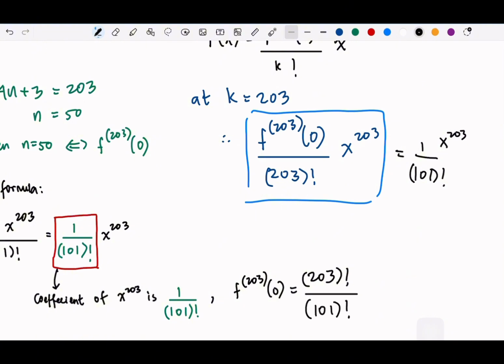Okay, now this will be the answer. If we put it back into the equation, it will give you this one factor. Okay, so that's correct.